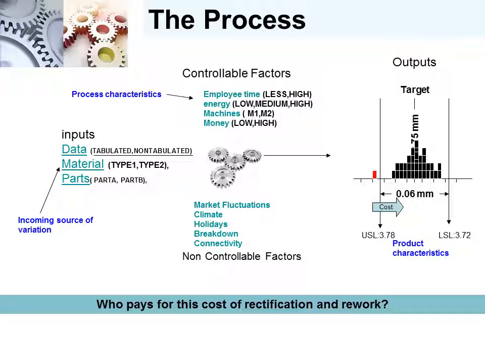How do you ensure the out-of-control point gets in control or is acceptable to the customer? It costs to move the out-of-control point to in control. This could be cost for reworking, cost for repair, cost for scrap. The question is, who pays for this cost?